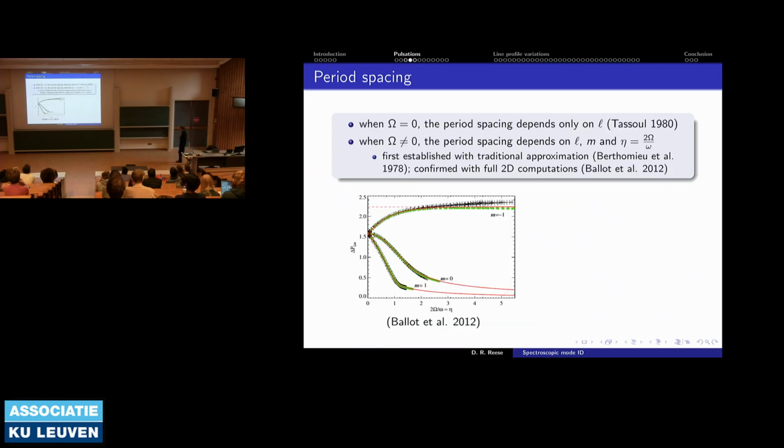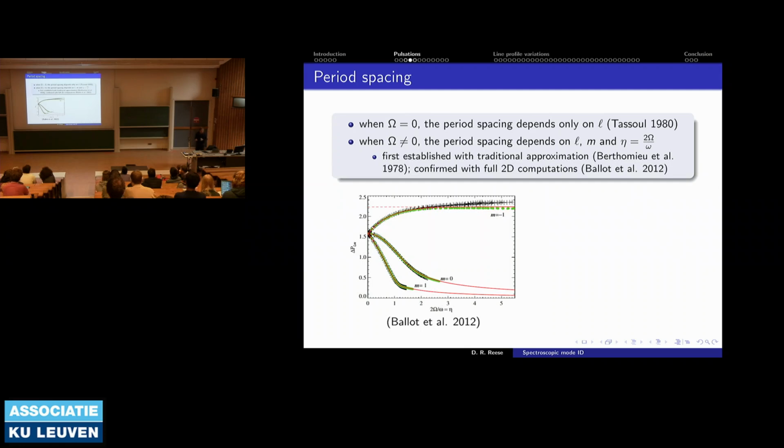So when studying gravity modes in non-rotating stars, based on Tassoul's asymptotic formula, it was shown that they're equally spaced in period. But then when you start switching on rotation, you find that the period spacing depends on this parameter right here, so on the ratio between the rotation rate and the pulsation frequency.